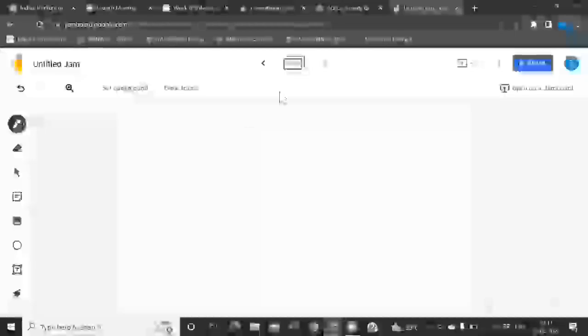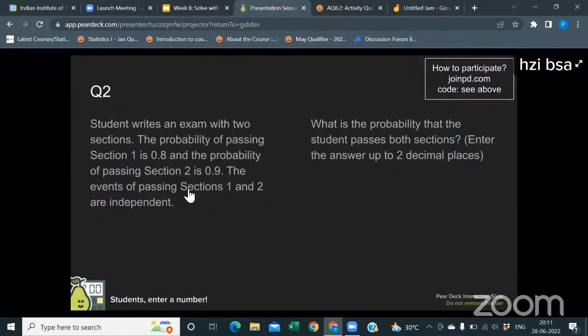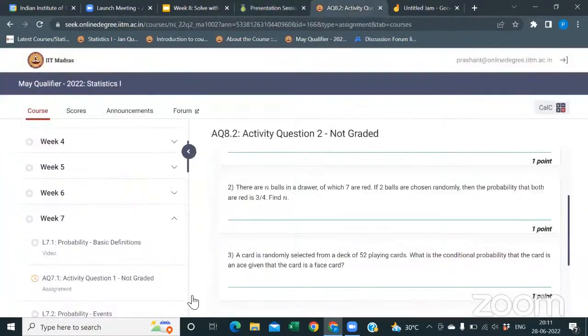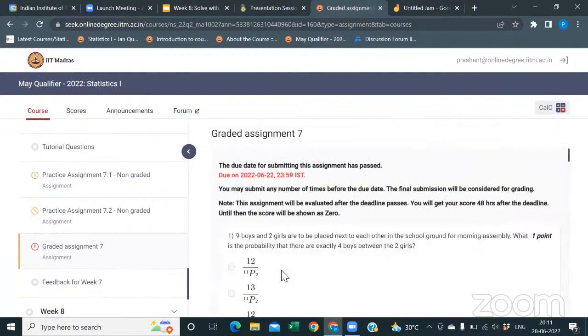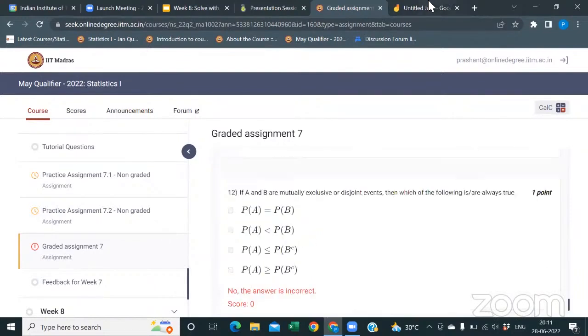There was a question like this in the graded assignment, I will show you. Look at this last question, it is about division.